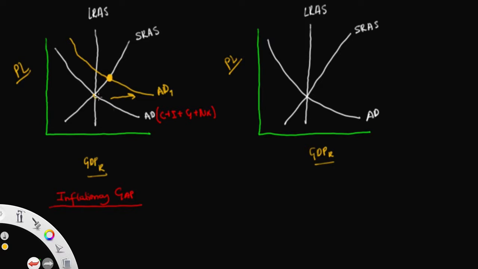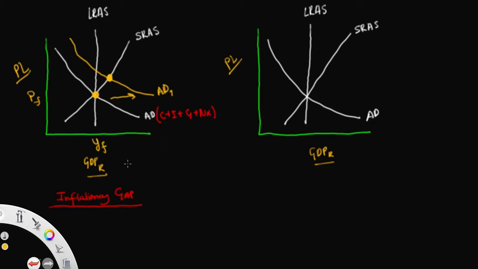So from our equilibrium point over here, where we would have full employment and a price level, we would shift our aggregate demand to the right, and our aggregate demand would look something like this with this new equilibrium point.